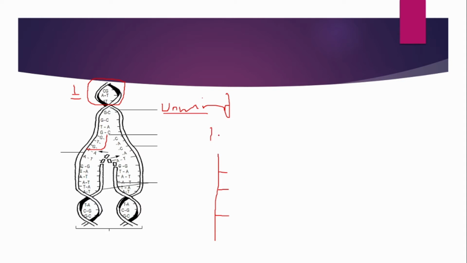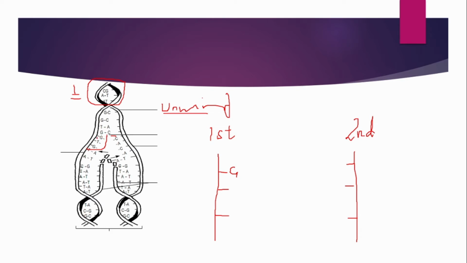This is the strand, and here. Okay, let's take from here. We have G, which is guanine. The weak hydrogen bonds are going to break, and as they break, they are separating the nitrogenous bases.